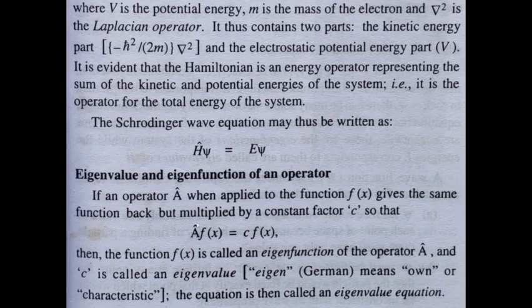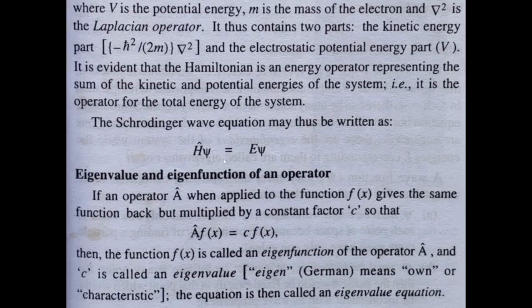If this condition is satisfied, this equation is called an eigenvalue equation, and f(x) is the eigenfunction, and c is the eigenvalue. The operator acting on this function gives the same function back multiplied by the constant.